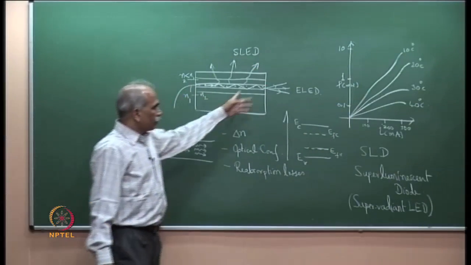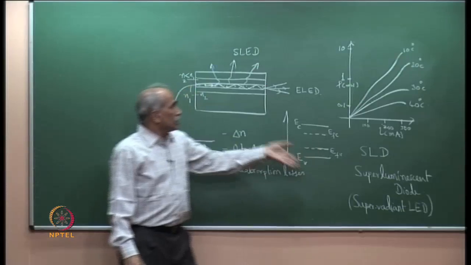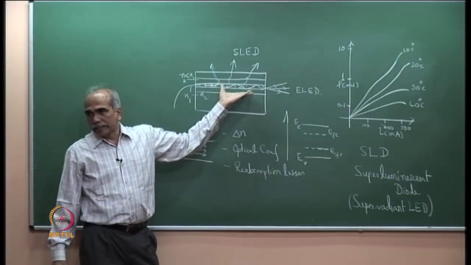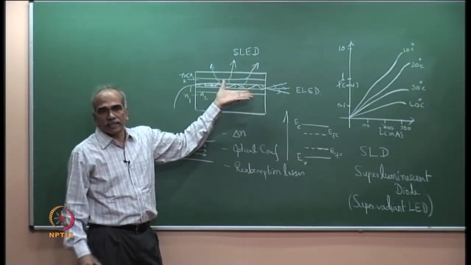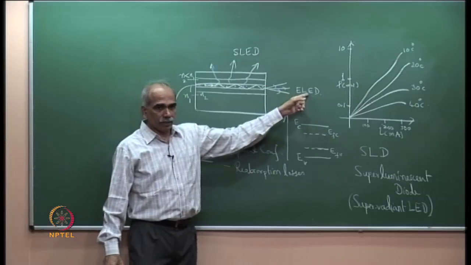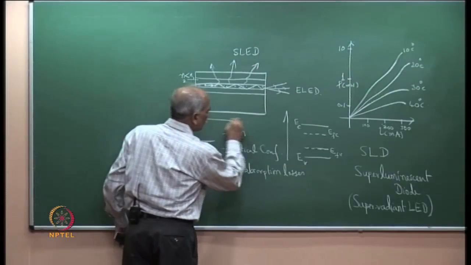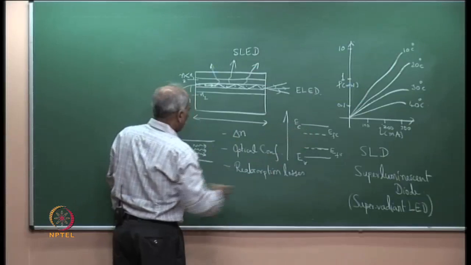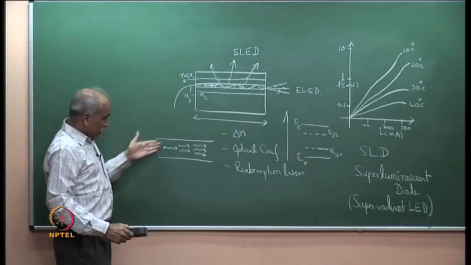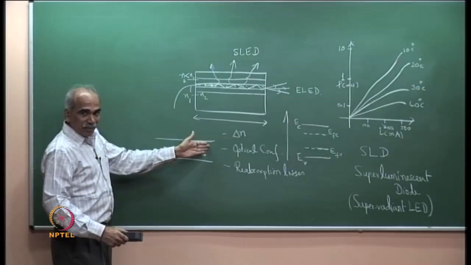The structure of a superluminescent diode is almost the same as that of an ELED, except that typically this length is a little longer, so that this effect becomes dominant.